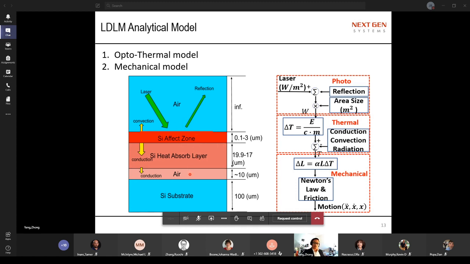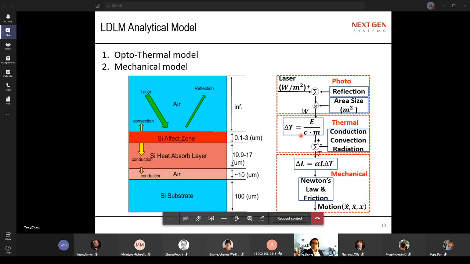Then through thermal conduction, convection, and radiation, some energy, heat, will be lost. Finally, the temperature will reach equilibrium. Here is showing how these different physics are coupled. From this diagram, some laser is shining and some is reflected, and the rest of the energy we harvest becomes a temperature change, and some energy will be lost.